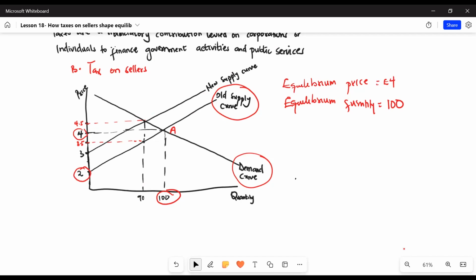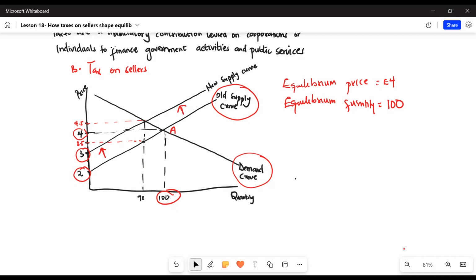When there's a tax of £1, the marginal cost of producing each apple is going to increase by £1. So the supply curve is going to decrease by that same margin. So you can see that the intersection increases to 3, which indicates a decrease in the supply.